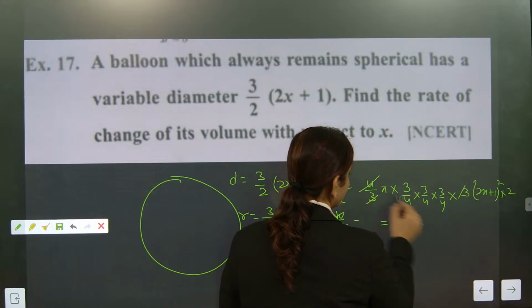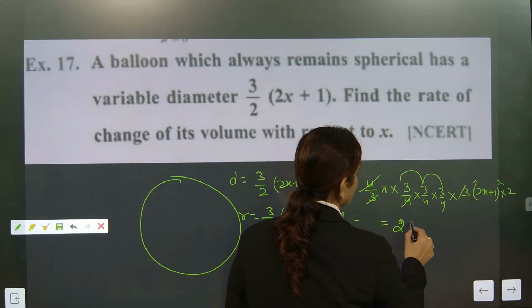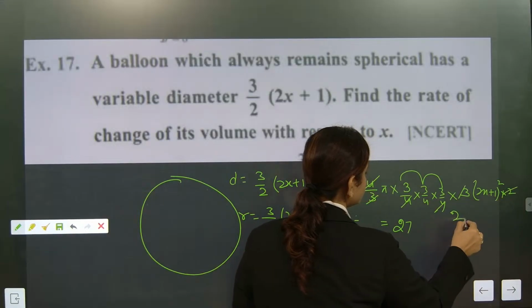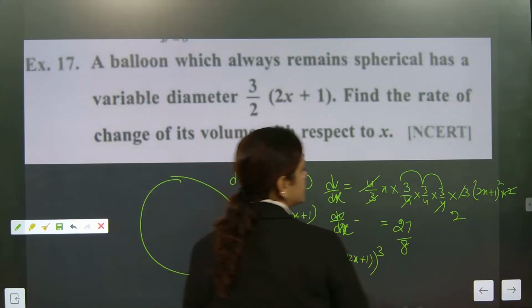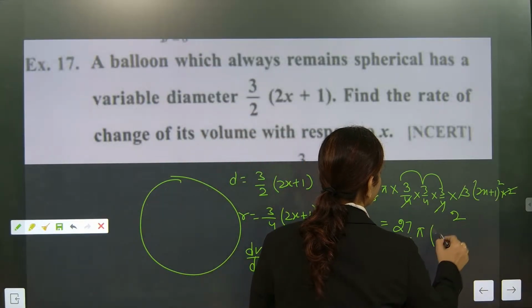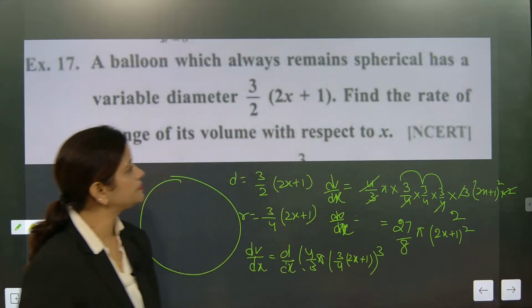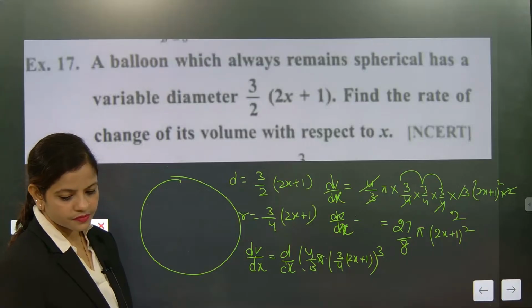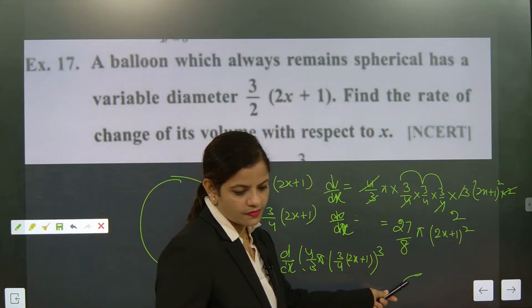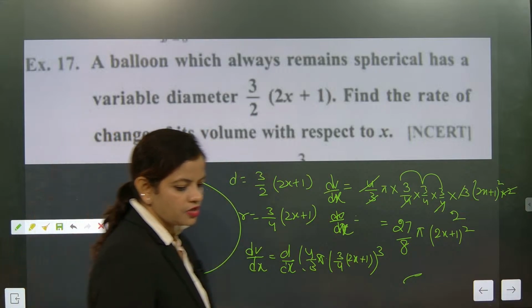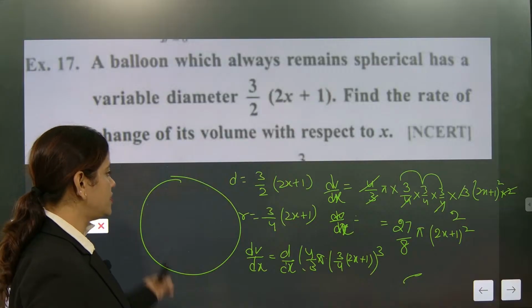This 4 and this 4 will get cancelled. 3 nines are 27. It is coming 27 by 8 pi, and then (2x plus 1) whole square. This is the answer. I hope you have understood. So this is going to be the answer if you solve like this. 27 by 8. Please solve this question.